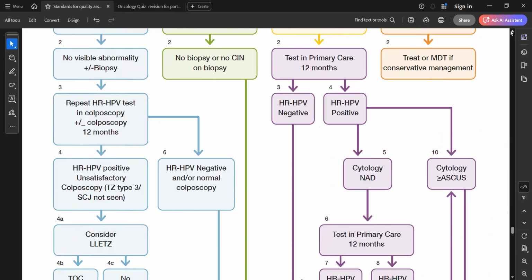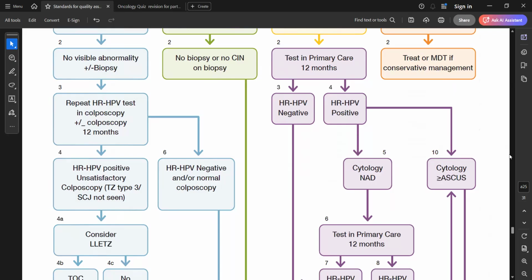Whenever she has HPV in her system and it is still positive, I cannot reassure this woman and refer her to the 3 years. So I'm going to invite her again after 1 year to repeat the testing. If HPV is still positive and the cytology is still ASCUS, again, refer to colposcopy.